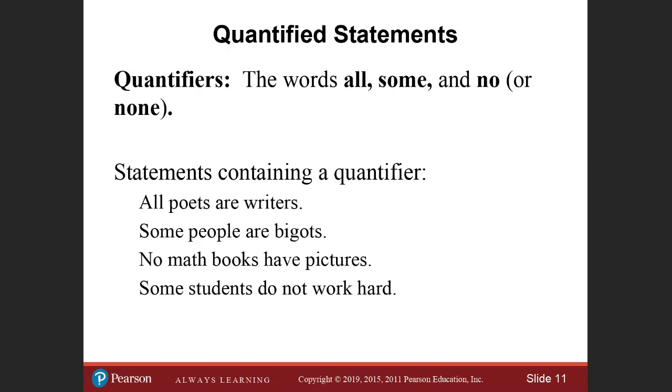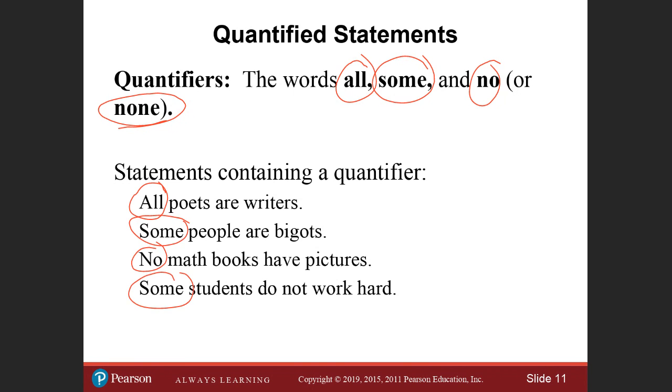So we're using again these words as quantifiers: the words all, some, no, and sometimes you can use none. You can see that from the statements here below. So these are the quantified statements, since they contain the word all here, the word some, no, some. Again, those are the examples.